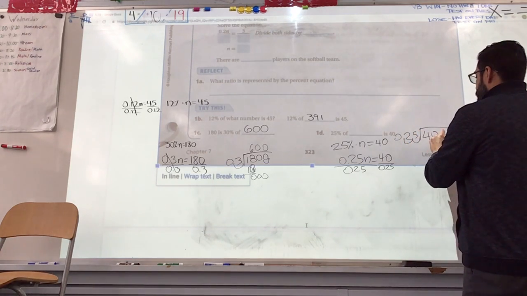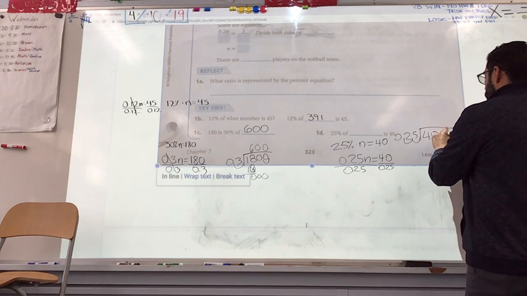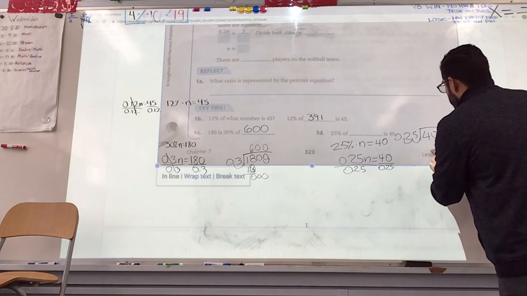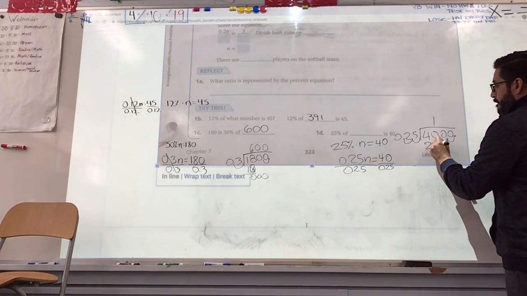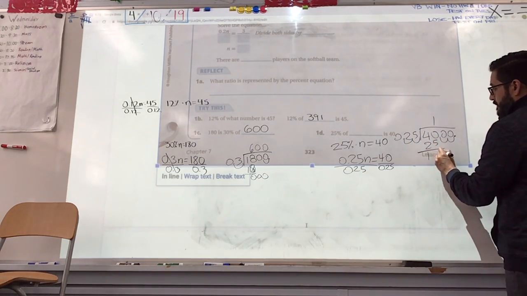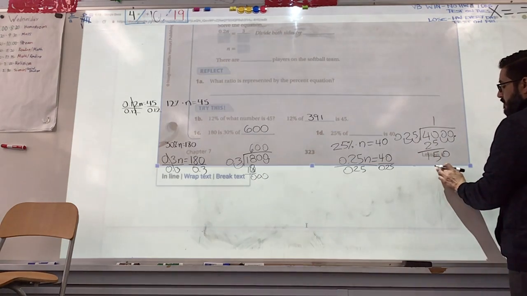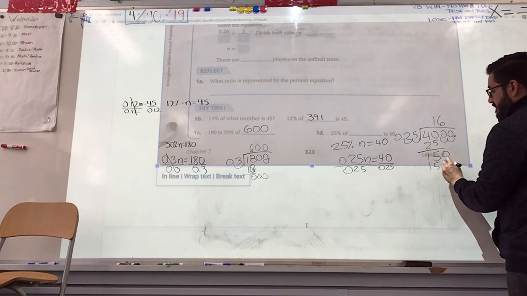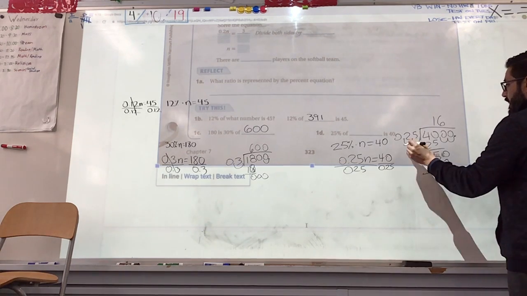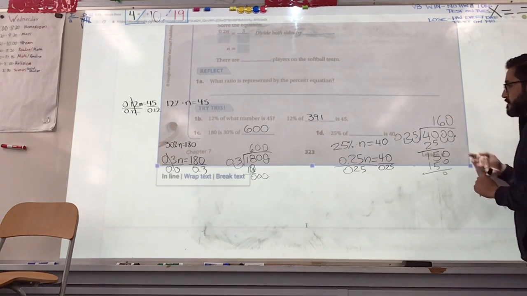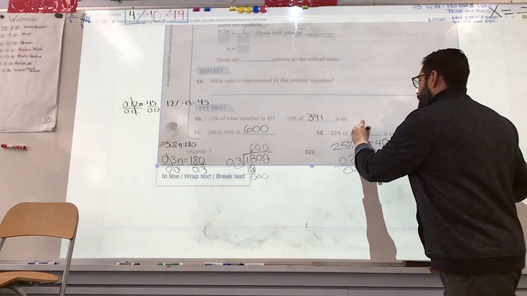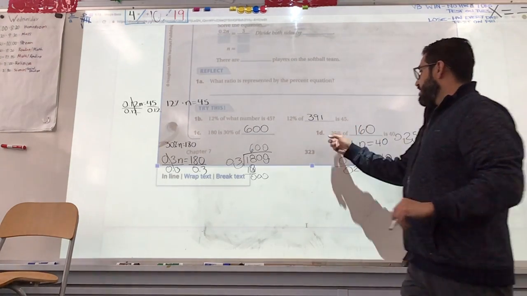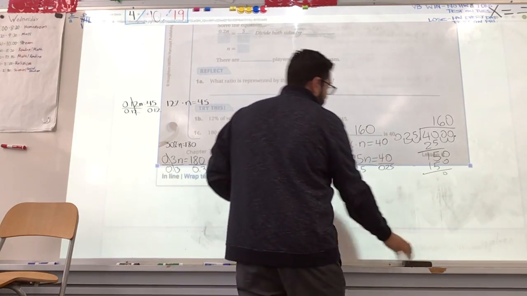Move that decimal over 2 spots. 25 goes into 40 one time, and that gives us 15. 25 goes into 150 6 times, that's 150, 0. And 25 goes into 0, 0 times, 160. So 25% of 160 is 40.